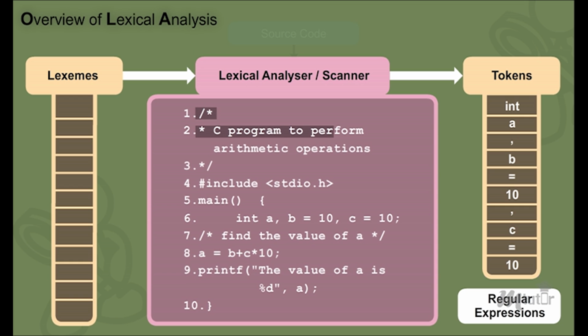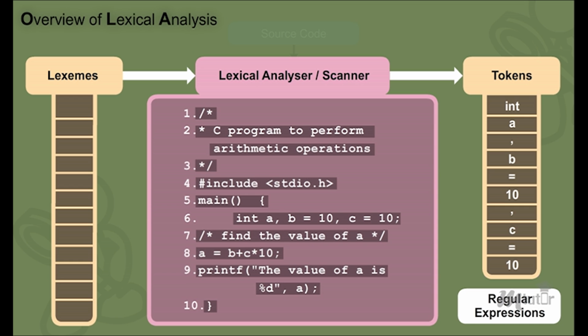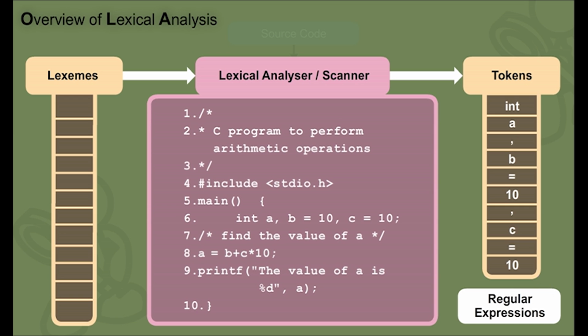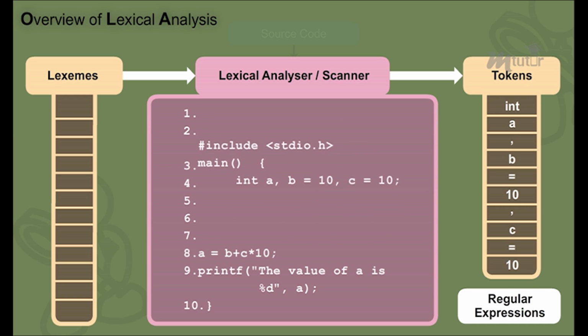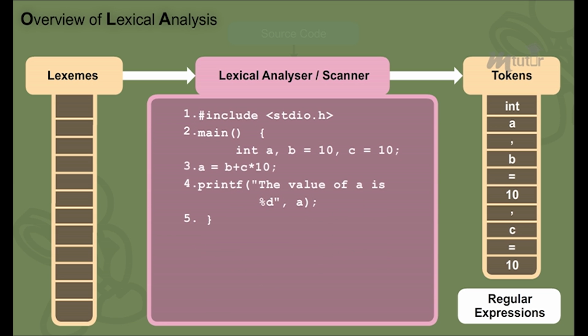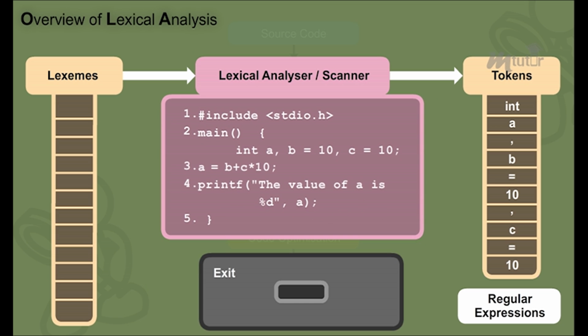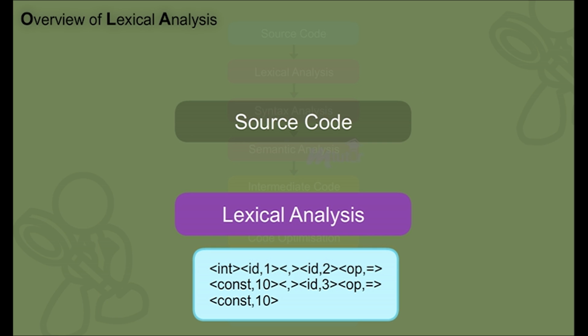The program gets read line by line only in the lexical phase. It also performs secondary tasks such as removing the comment lines and extra white spaces in the source code. At the end of this phase, you can see only the tokens, which are the output of this phase.